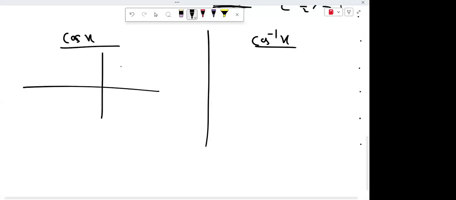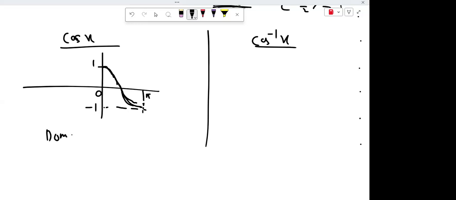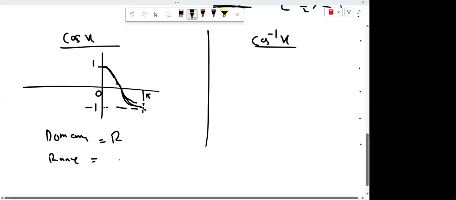If you remember, we restrict this from 0 to pi. This is again 1, and this is -1. The domain is the same, which is R. The range is the same as sin, which is -1 to 1.